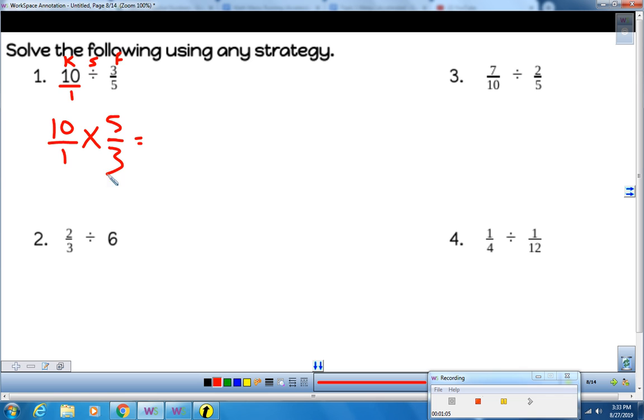So 10 times 5 is 50. 1 times 3 is 3. How many 3's are in 50? Maybe you do margin math, maybe you don't. I know that that's 16. 16 times 3 is 48, and I have 2/3 left over. Pause the screen and try the other 3.